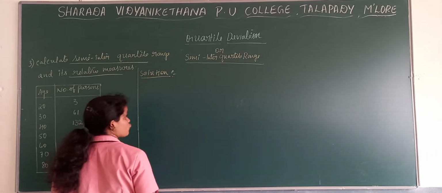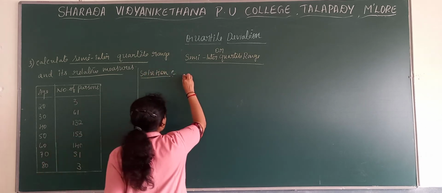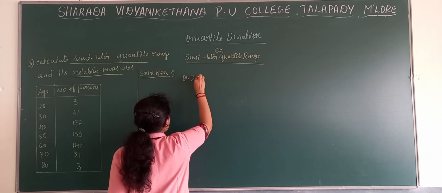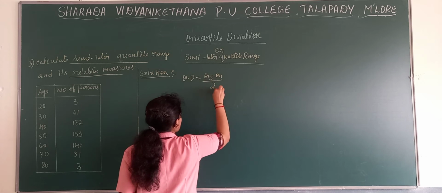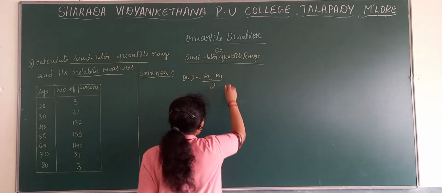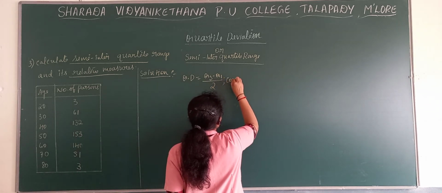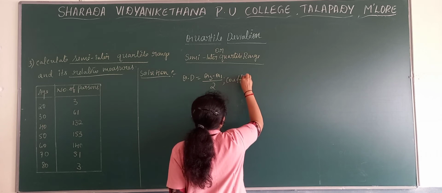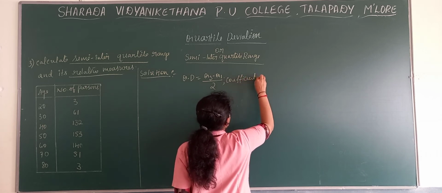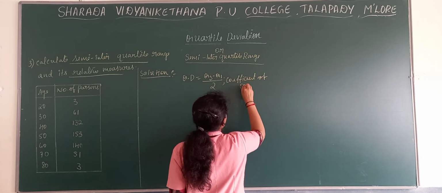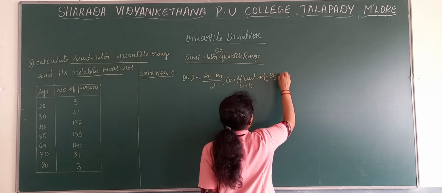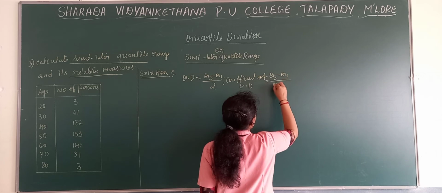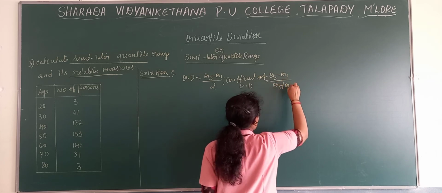So we'll write the formula first. Quartile deviation is Q3 minus Q1 divided by 2, and coefficient of quartile deviation is Q3 minus Q1 divided by Q3 plus Q1.